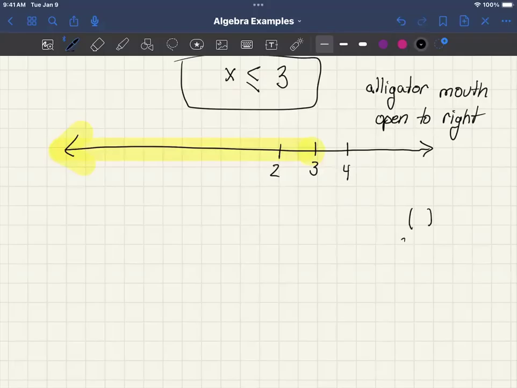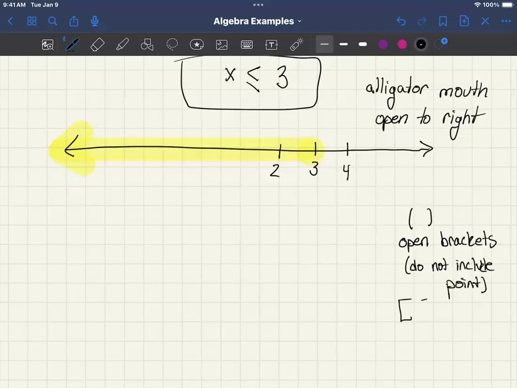We have open parentheses, and these do not include a point. And then we have our closed brackets, and those include the point.